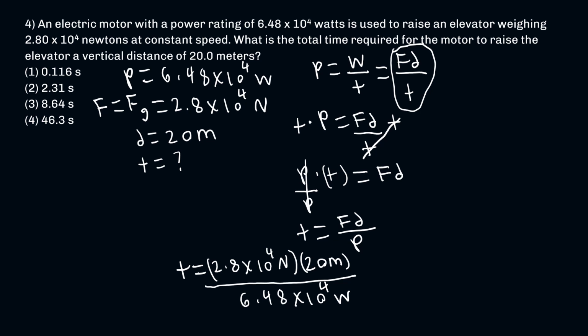Alright, so first thing I'm going to do here is just multiply these two together. If you're good otherwise, you can just do this in one step. But I'm going to have here 2.8 times 10 to the 4th power times 20, which is going to give me on top 560,000.